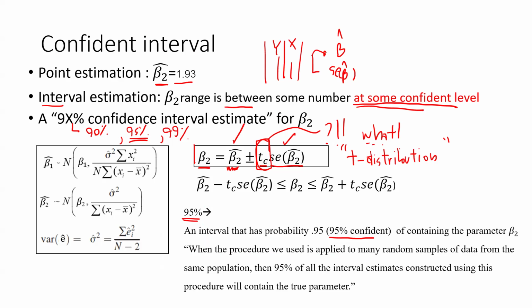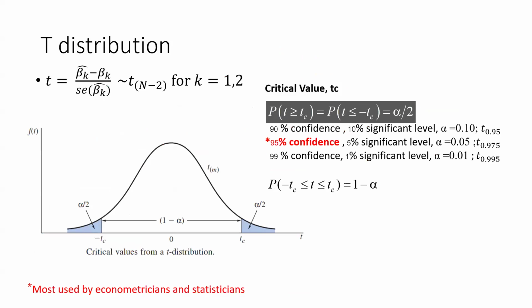If we do it many times, then 95% of our interval estimates constructed using this procedure will contain the parameter. You may be confused now, but we got beta and standard error from the previous chapter, so we have to know how to find the t stat. This is the t distribution.